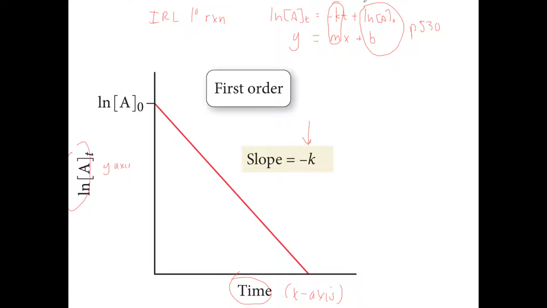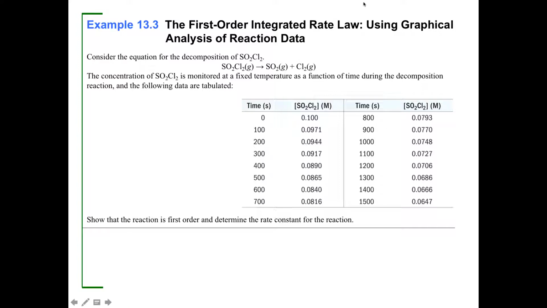I think the first problem we're going to look at is example problem 13.2 on page 527. Consider the equation for the decomposition of SO2Cl2. I only have one thing that's breaking down here, SO2Cl2.